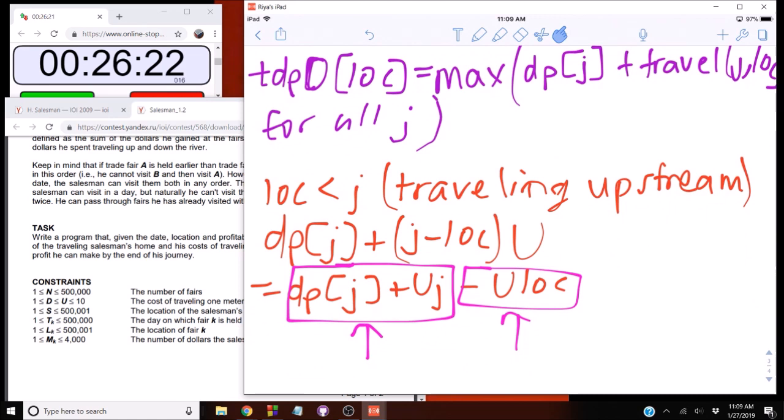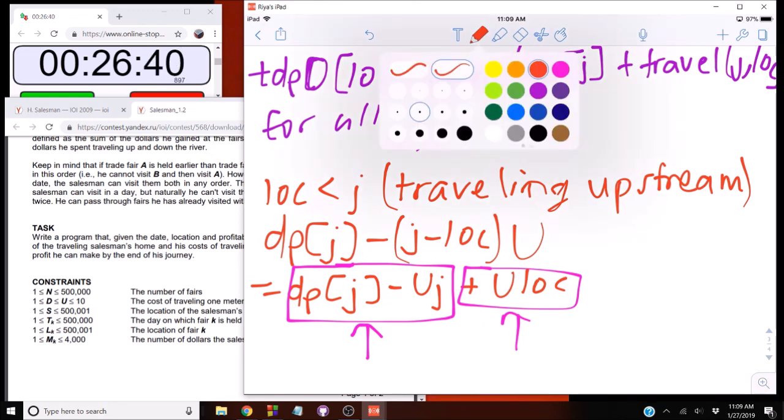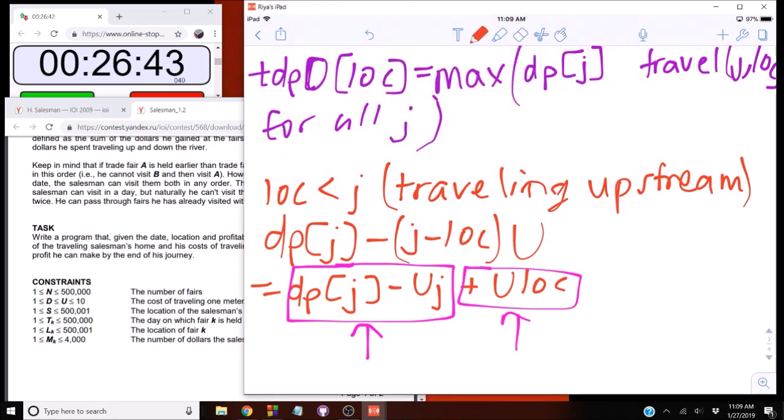Okay, so it looks like I have to subtract the travel instead of add it. But nothing should really change. Yeah. Travel, you lose money.